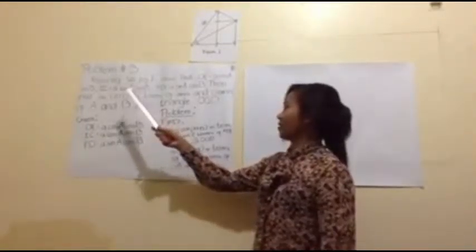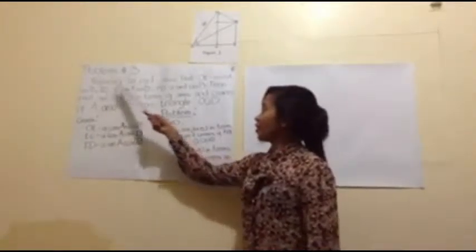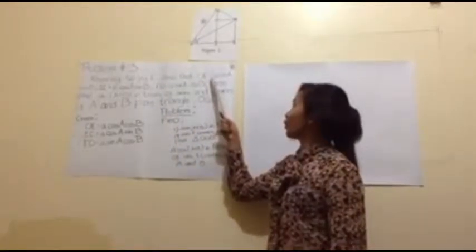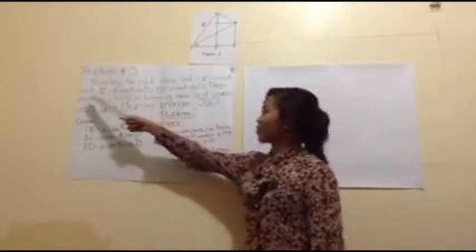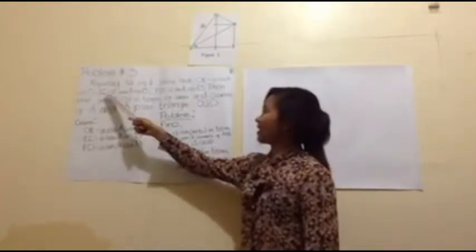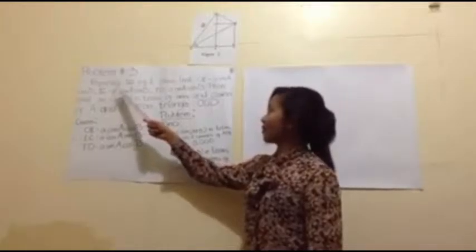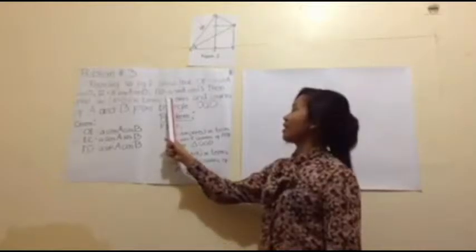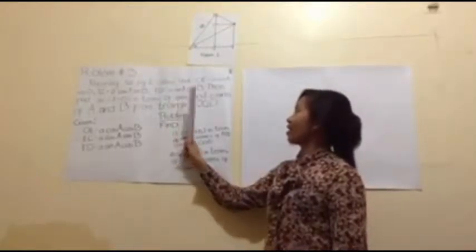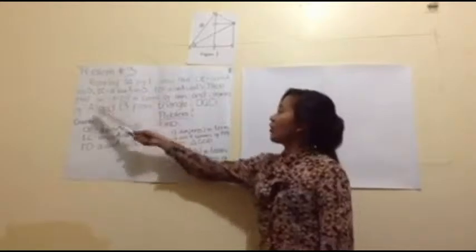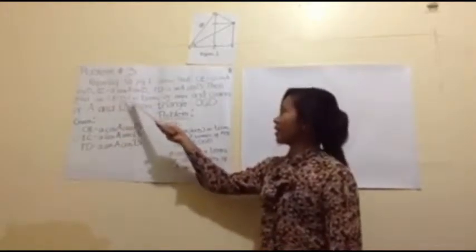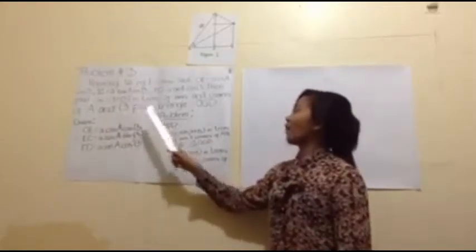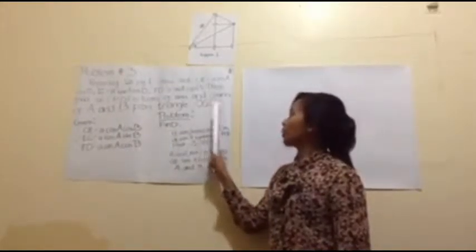Problem number 3 says that, referring to figure 1, show that OE is equal to A cosine A times cosine B, EC is equal to A times cosine A multiplied by sine B, and FD is equal to A sine A cosine B. Then, find the sine of A plus B in terms of sines and cosines of A and B from triangle OGD.